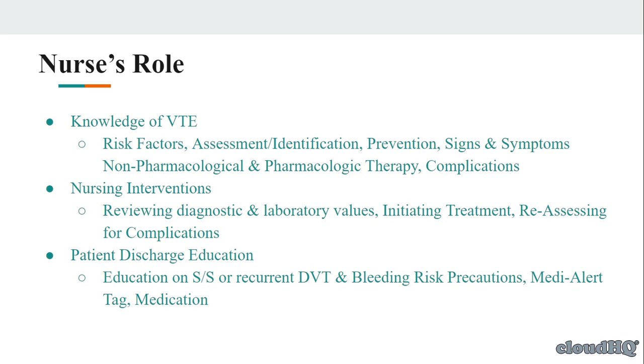Knowing preventative strategies such as exercising daily, adhering to medication therapy, and doing medication reconciliation, so knowing if they're taking any herbal supplements or hormones that can increase their risk. Being able to identify signs and symptoms varying from calf pain to warm, swollen lower extremities or cyanosis.